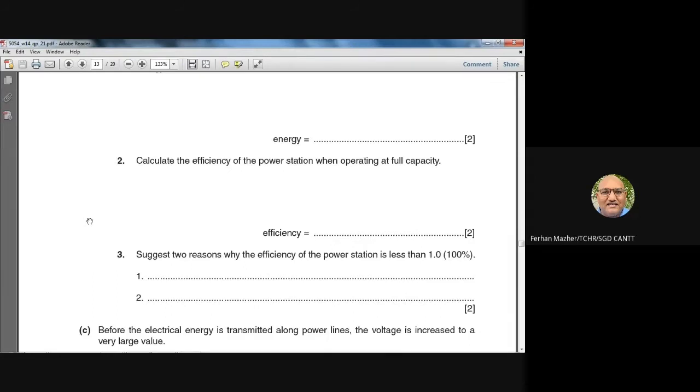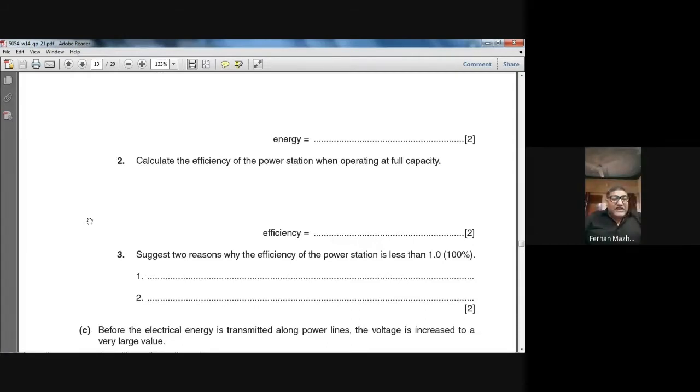Basic trick is this. Actually, if you want to find out the efficiency, the formula is very simple. Efficiency is useful output energy divided by input energy, multiplied by 100. So the efficiency formula is simple, but there is only one problem, that the output energy we have calculated is for 1 year. I need to convert it into the electric energy which is produced in 1 hour.